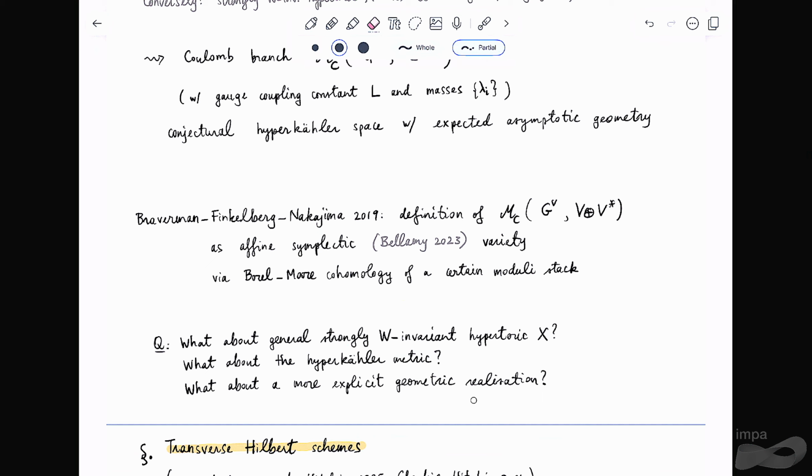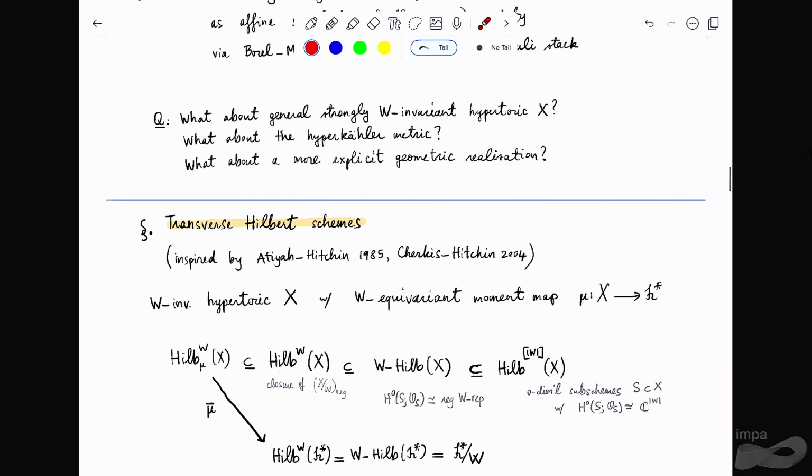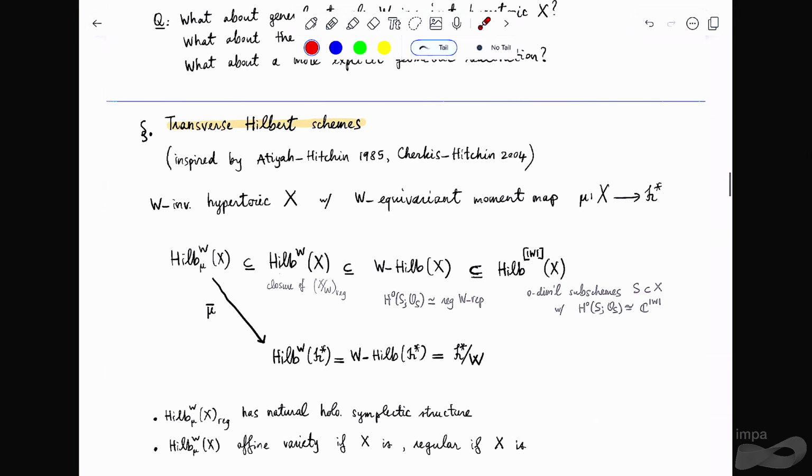And also, is there a more concrete, explicit geometric realization of these spaces that is a bit more geometric and less algebraic? And this is what our proposal is.